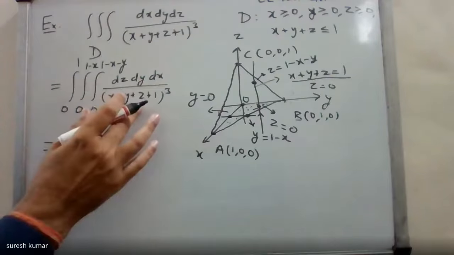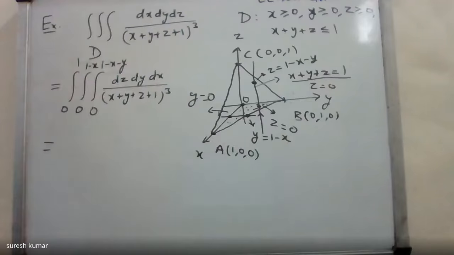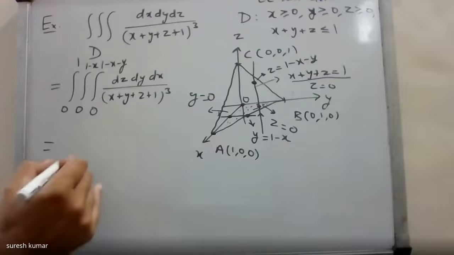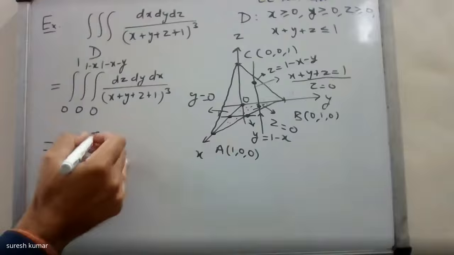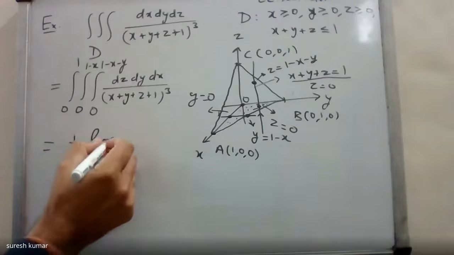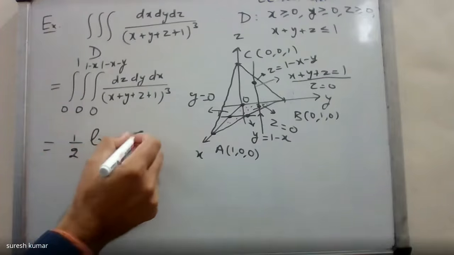First integrate with respect to z, treating x and y constant. Then it reduces to a double integral in xy that you can solve. Finally, you will get this answer for this particular problem, 1 over 2 ln2 minus 5 over 16.